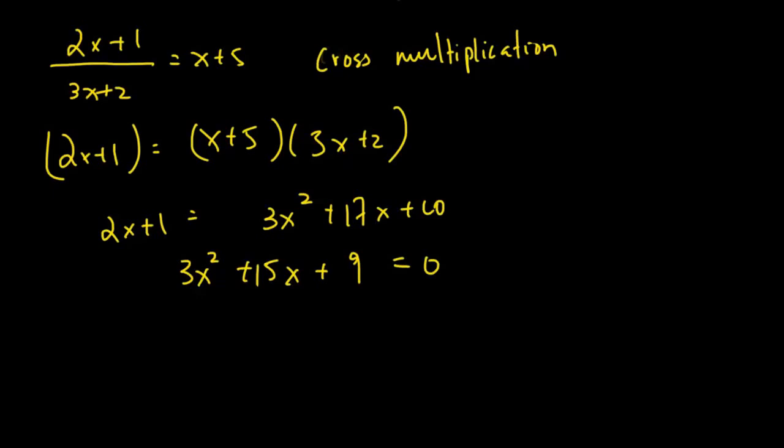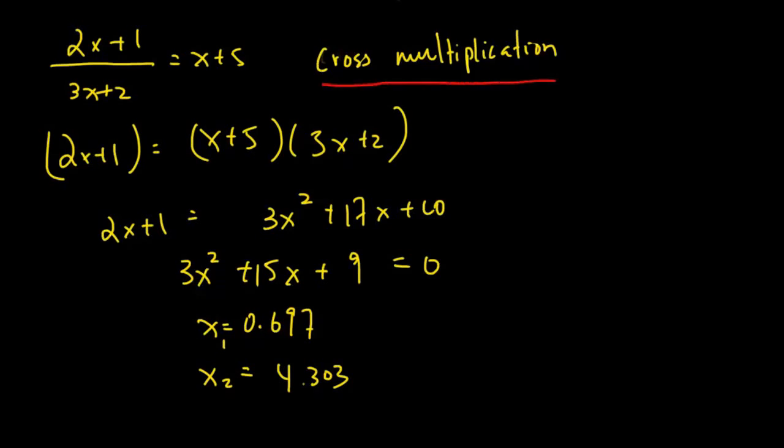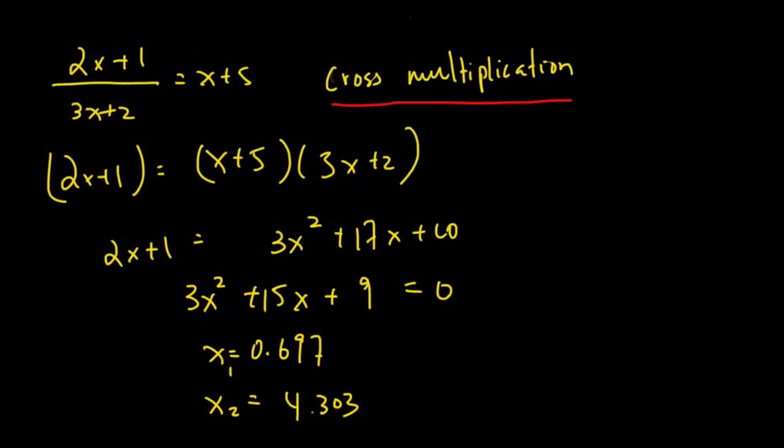After we solve it, we get x1 equals 0.697, and x2 would be 4.303. So always remember that cross multiplication in a rational function is important.